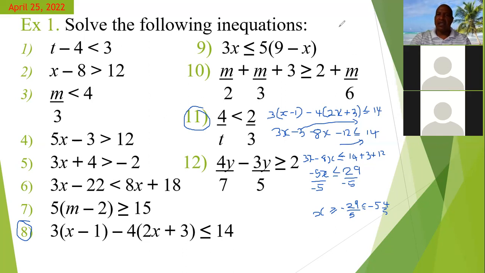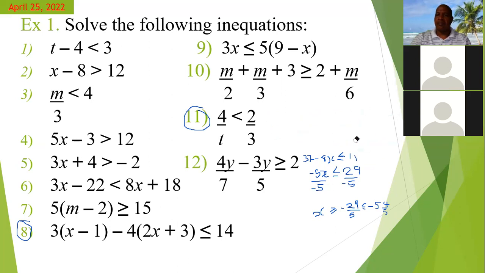So let us now look at question 11. All right, so for question 11, remember now we can simply treat this in the same way as the equation. We can use the same principle of cross multiplying with the denominators.